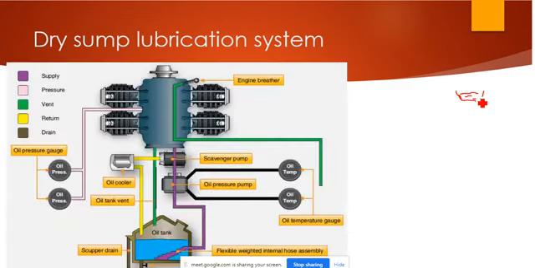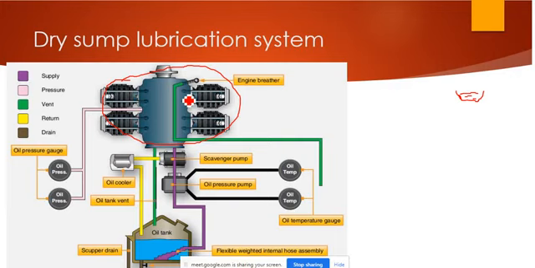Here we can see the image of this dry sump lubrication system. Here we have the engine part. The main priority of this lubrication system is to cool the engine, because there are a lot of moving parts in the engine, and because of combustion and friction the parts get heated up.